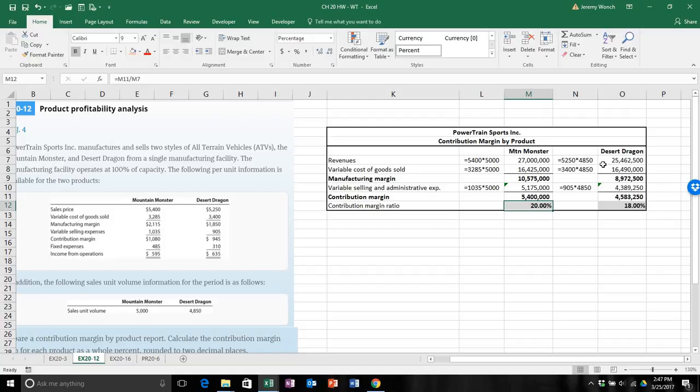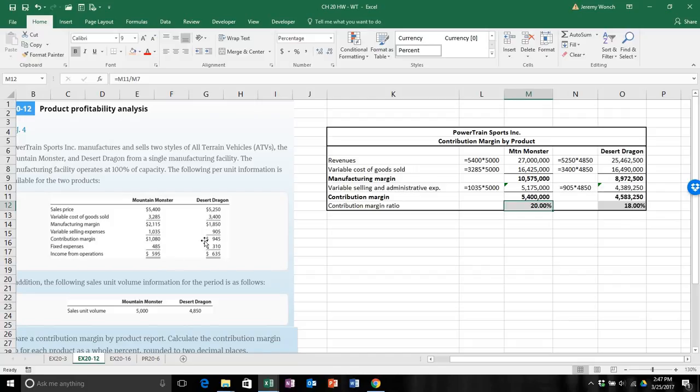So really, once fixed costs are covered, the Mountain Monster is actually a more profitable product. The reason it looks like it's not quite as profitable over here is because it has more fixed cost allocated to it.